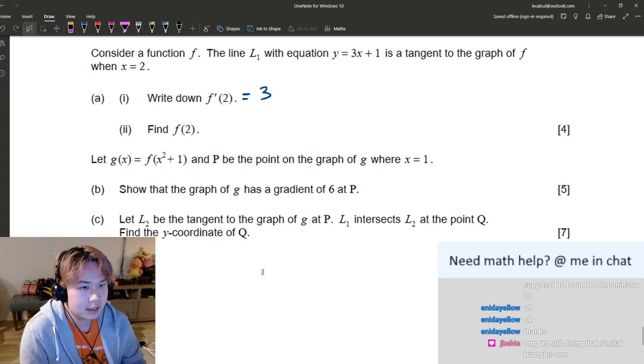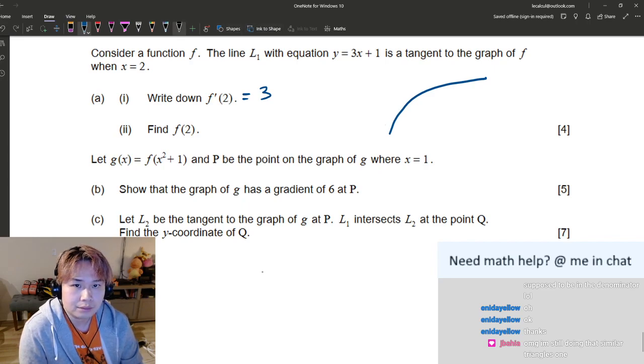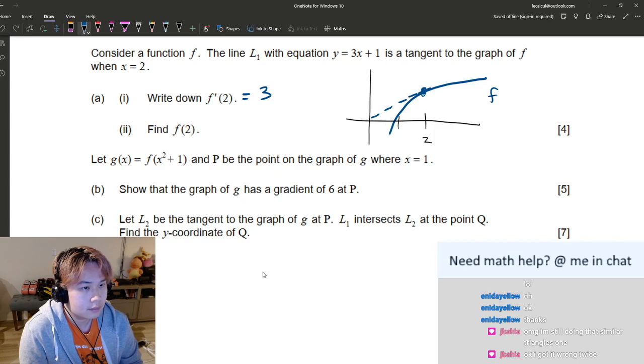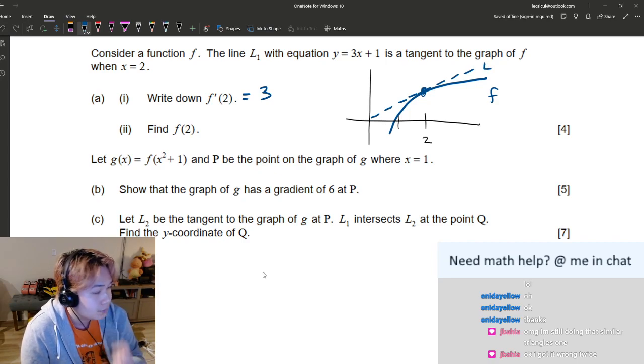And then this one is less obvious, but again, just think about it. Let's say you have a function. And then here's 2. And then here's your line.